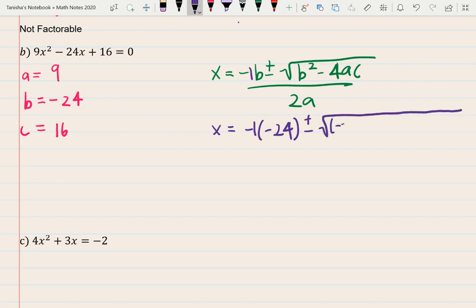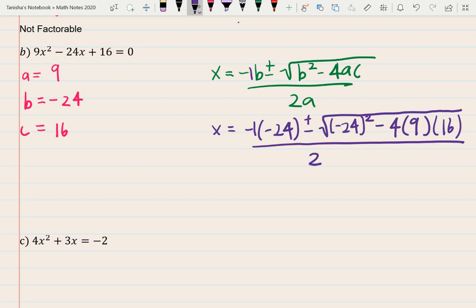So b is -24, and we're going to square that, minus 4 times a, which is 9, times 16, all over 2 times a, which is 9. Notice how my division line goes all the way across the top.